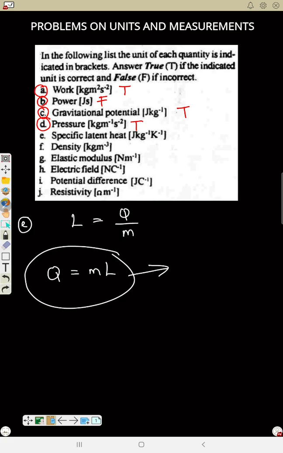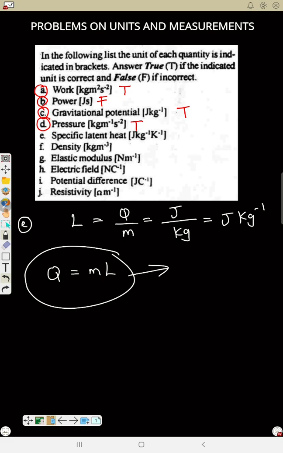Q is the quantity of heat, while m is mass. So the unit of specific latent heat should be joule, and mass is in kilogram, so it should be joule per kilogram.